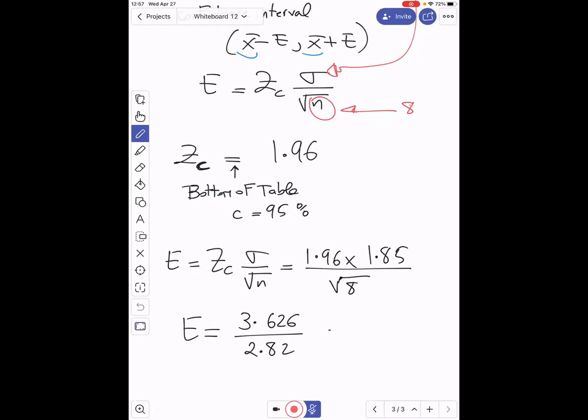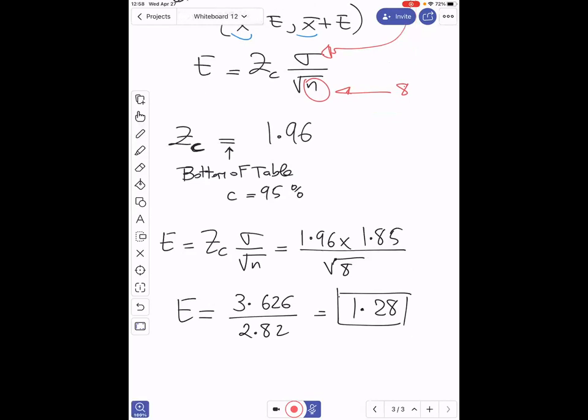So the answer is 1.28. Let's say 1.28. So you got your margin of error.